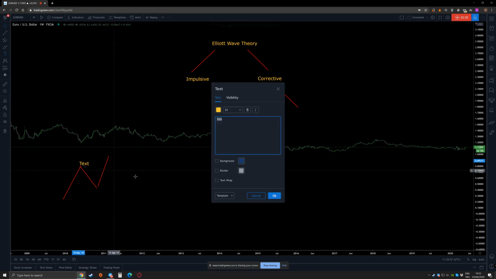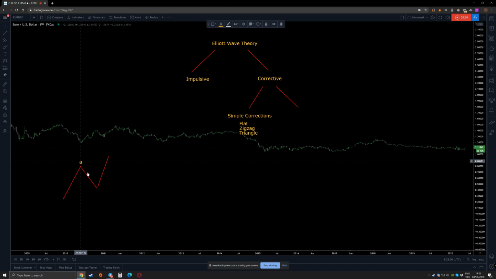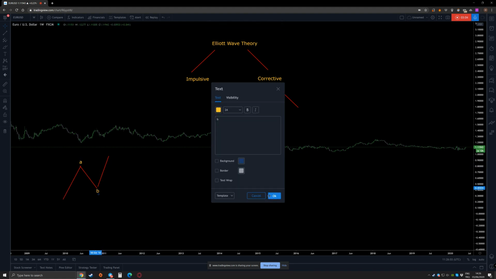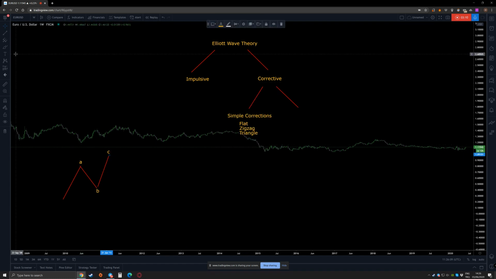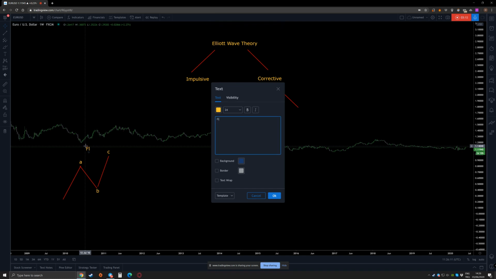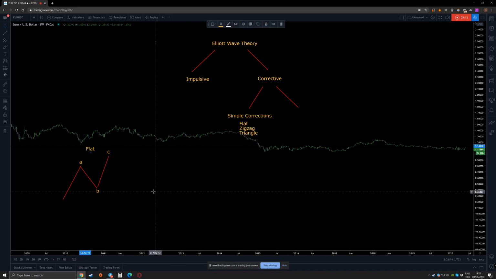This is the wave A, this is the wave B, and this is the wave C. A flat is not just this easy, but I will not explain the whole situation here. Just for starters, knowing the difference between a flat, a zigzag, and a triangle is enough. Of course, there are 9 different flats, maybe even more, but you should know the basics of a flat.